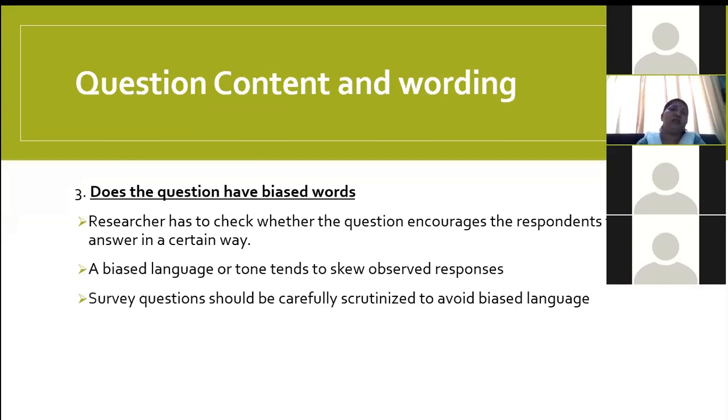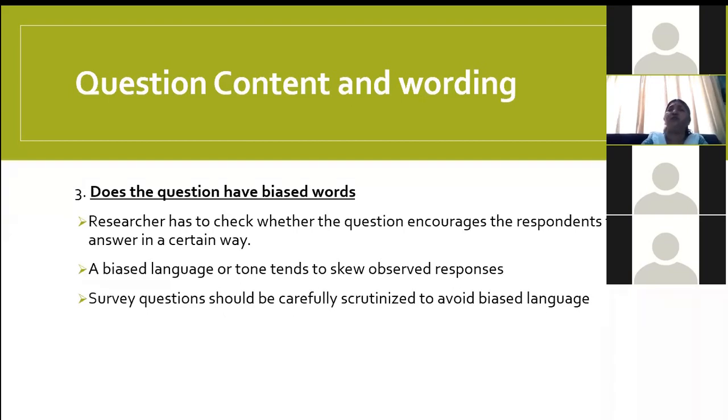Then the question should not be biased. So the researcher has to check whether the question encourages the respondents to answer in a certain way. We should not ask any biased question. So researchers' bias should not be reflected in the questions. A biased language or tone tends to skew observed responses.